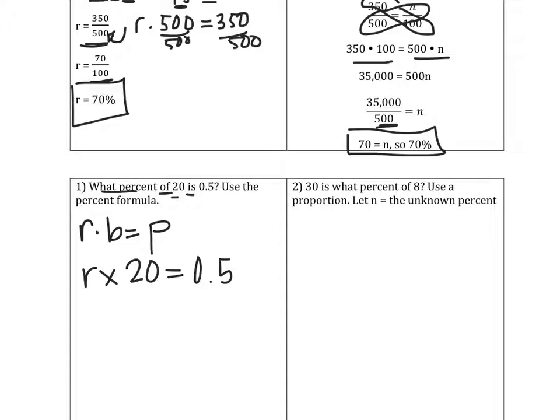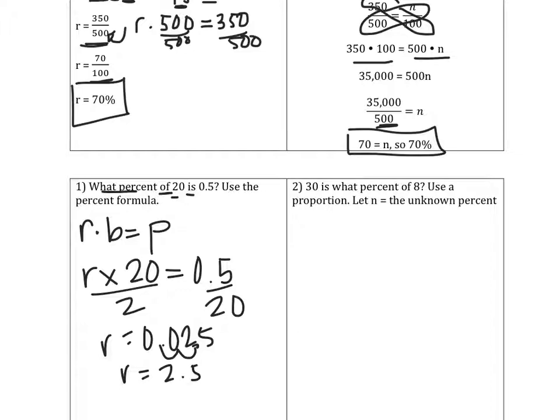So there's our formula. Divide both sides by 20, r equals 0.025. Turn that into a percent, which means move it over 2 place values. R, the rate, is 2.5%.